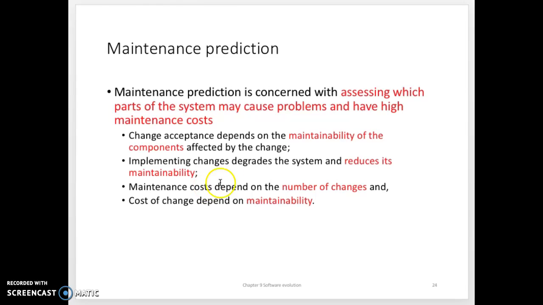So they are interrelated concepts: maintenance and maintainability. Maintenance cost depends on number of changes, and the more changes we have, the higher the cost. And then the cost of change depends on maintainability, meaning the less maintainable the system, the higher the cost.